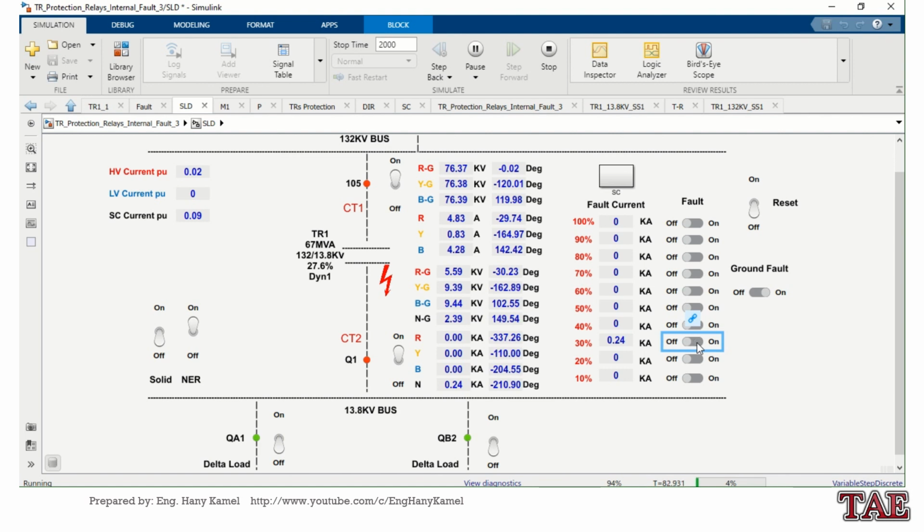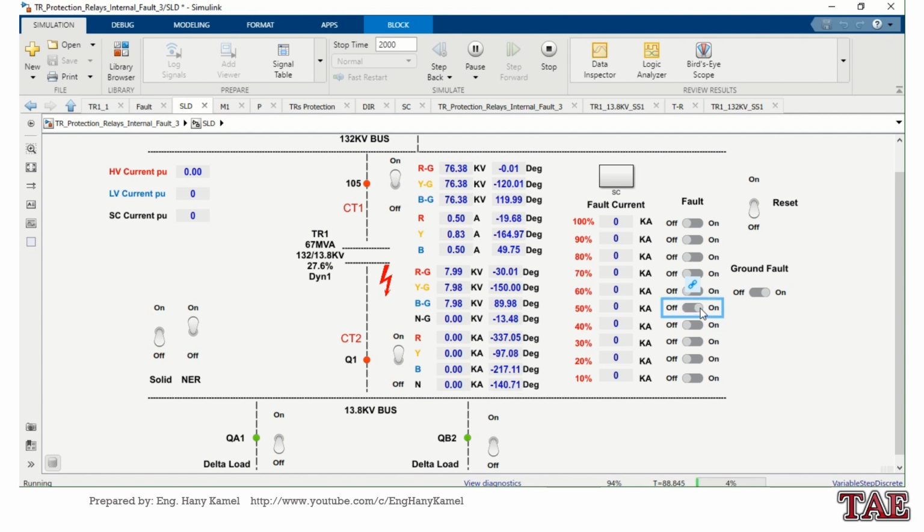Still no operation. 40%. Still no operation. All this is because the neutral earth resistor is limiting the current. So the current is now less than the protection setting.